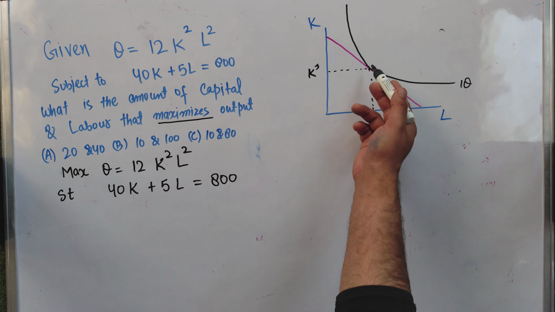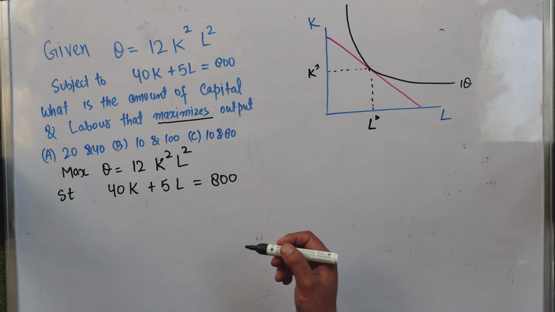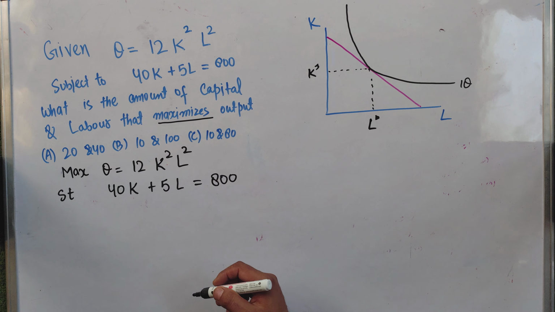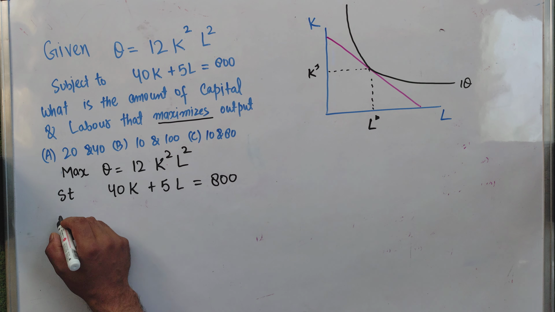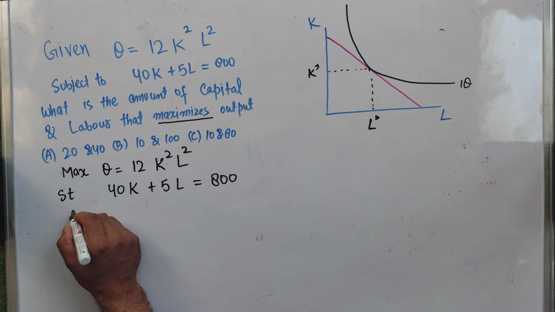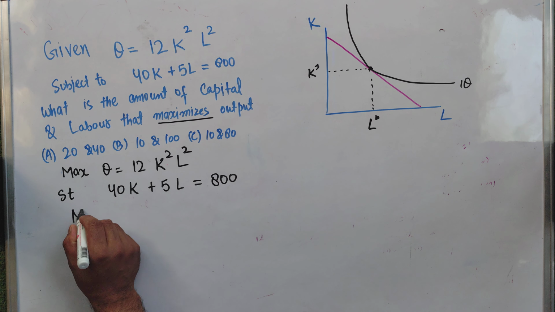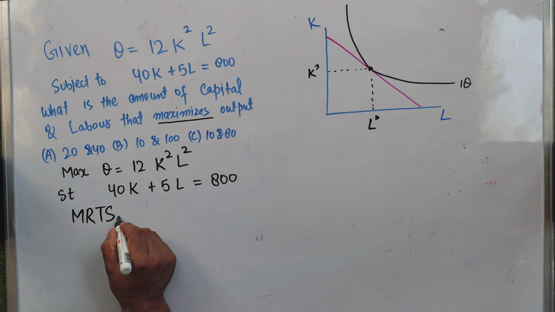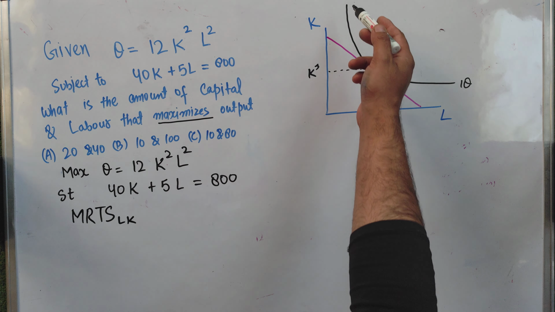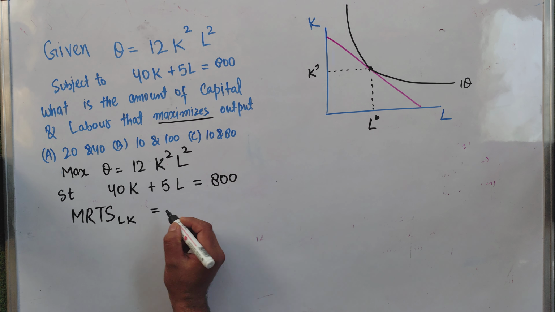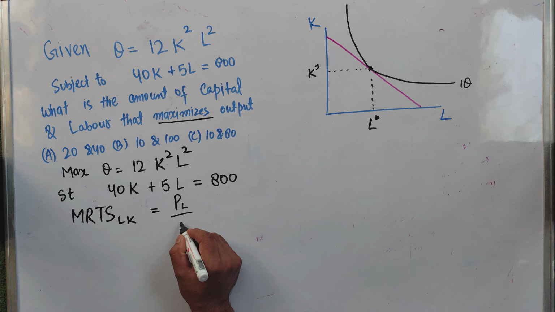At this point, the slope of the production constraint is equal to the slope of the isoquant. What condition is being satisfied? The marginal rate of technical substitution between labor and capital, which denotes the slope of the isoquant, should be equal to the input price ratio, that is price of labor upon price of capital.